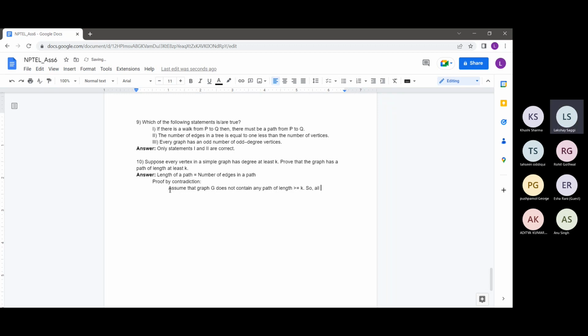What this means is that all paths in G are of length less than or equal to k minus 1. Right? I hope this claim is clear to you guys.